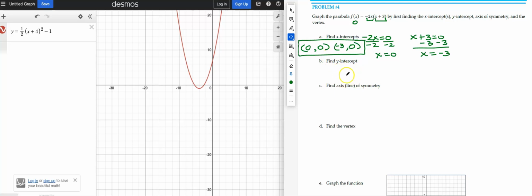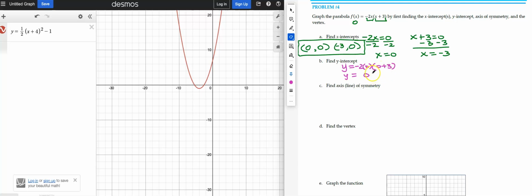Okay, now our y-intercept, again, remember we're going to let x equal 0 and solve for y. So on this one, y equals negative 2 times 0, putting 0 in place of that x, and then parentheses 0 plus 3. All right, so if we simplify this, negative 2 times 0 is 0.